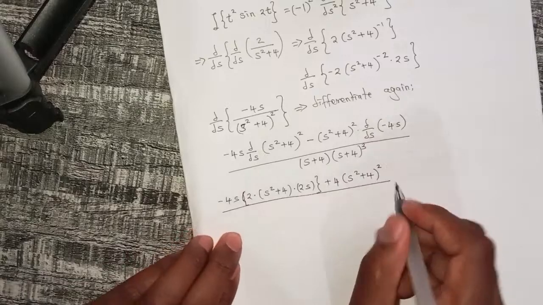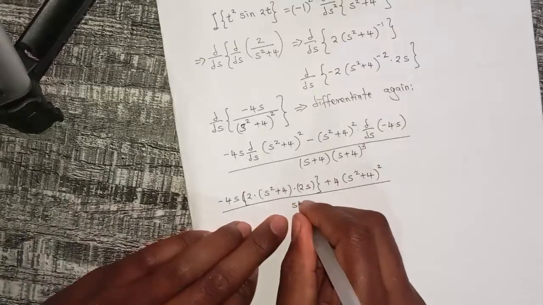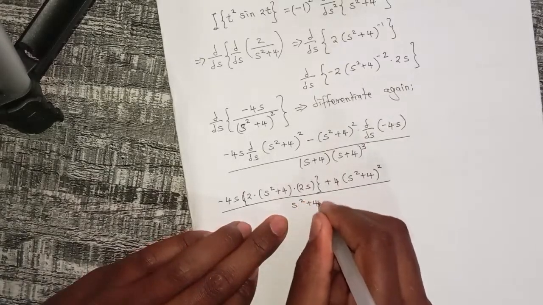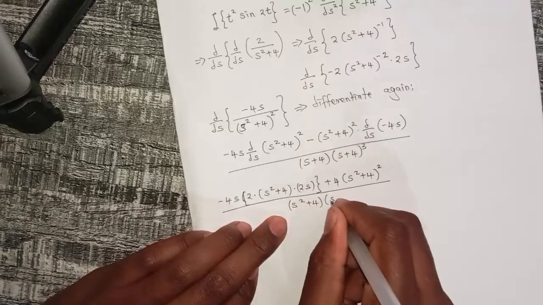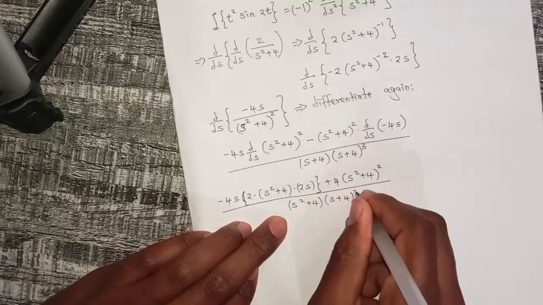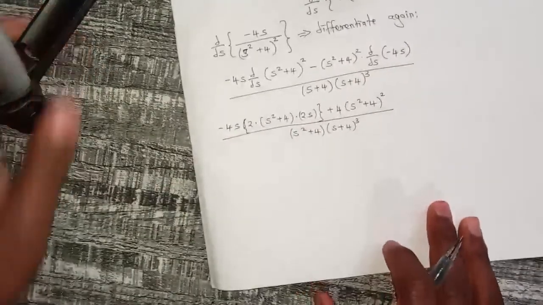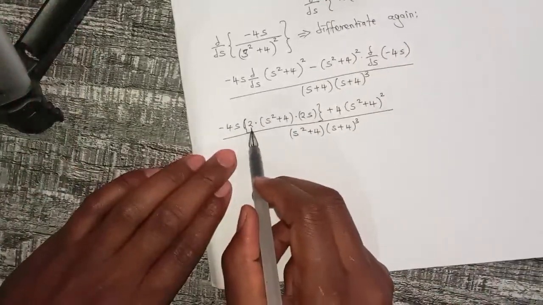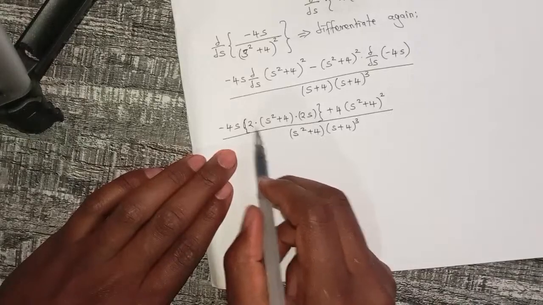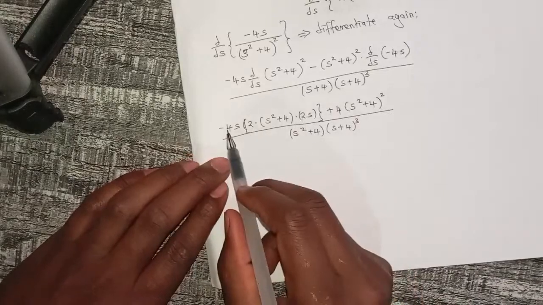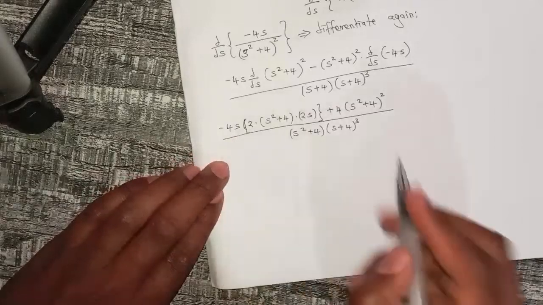You divide by s squared plus 4 into s squared plus 4 cubed. So upon simplification, we have 2 and another 2s here, and there's this negative 4s.